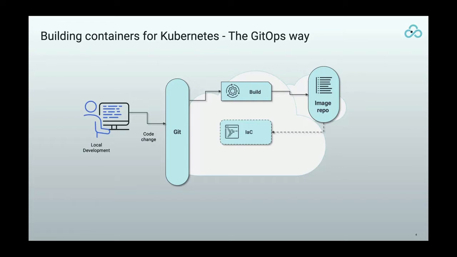Once you've written your infrastructure as code, this code also needs to live in your Git repositories. And once that happens, that's where your GitOps tools come into play. The GitOps tools, the way they work is they are part of the Kubernetes cluster, and they actually sync your cluster state with the infrastructure as code that you have provided in your Git repositories.